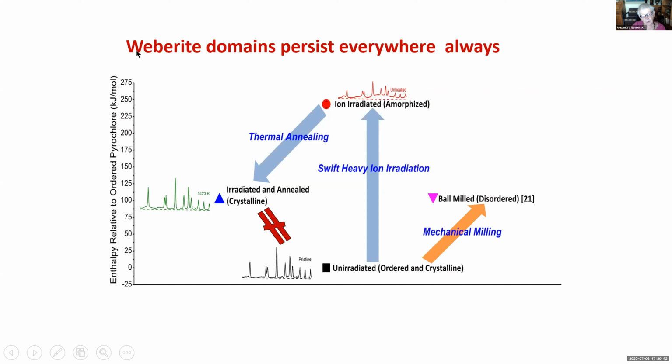The Weberite structure occurs in a number of other materials as well, and I'll come back to that. So what we found then in combining the calorimetry, the neutron diffraction, and also some first principles calculation is that our situation is much more complicated. If we irradiate the sample, we put in a lot of energy, we get a high energy state.